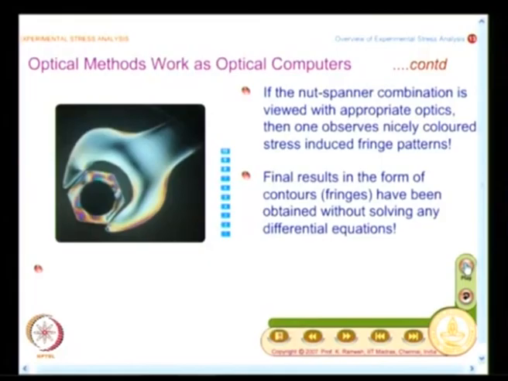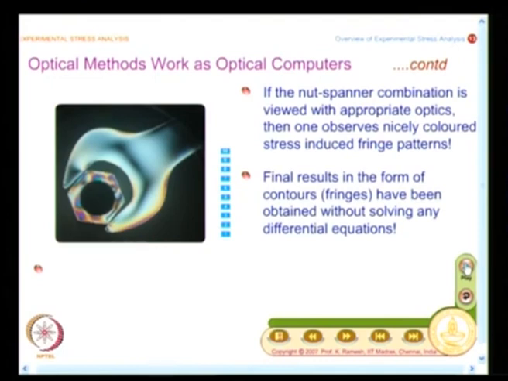And what I have here is the results in the form of contours, and I have got it without solving a differential equation, because the effort I have done is to make the model of the spanner as well as the nut, and then put it in appropriate optics and reveal the pattern.